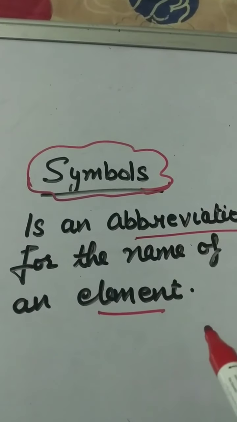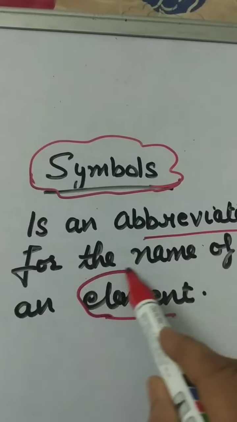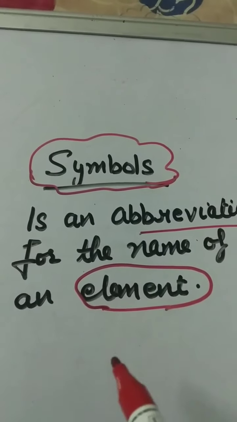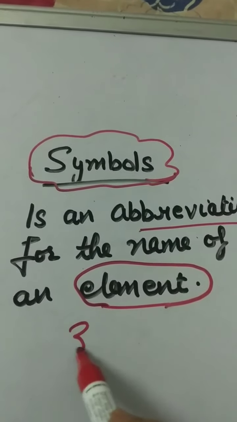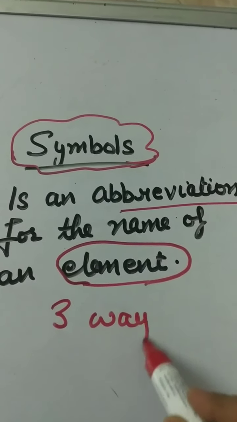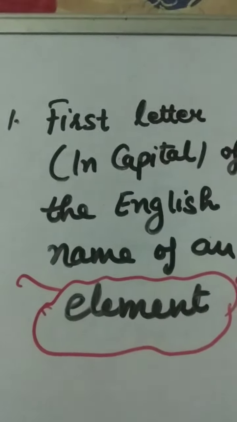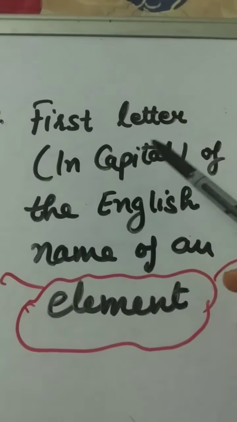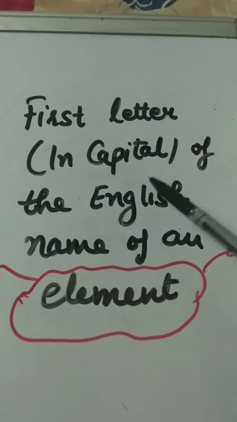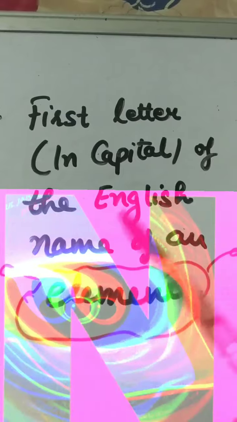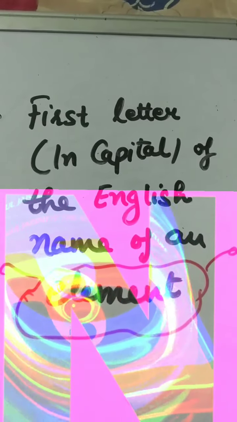Symbols of different elements have been derived in 3 ways. How many ways? 3 ways. First way, the first letter in capital of the English name of an element.